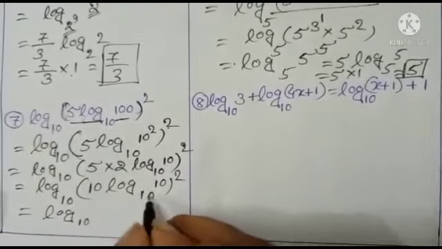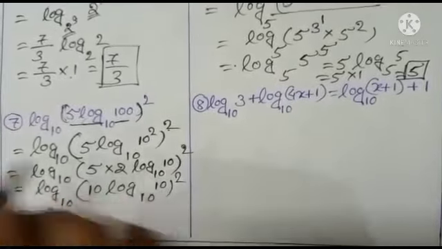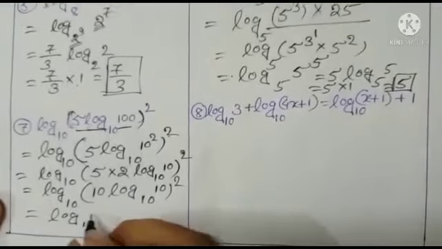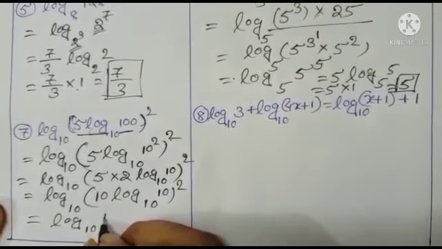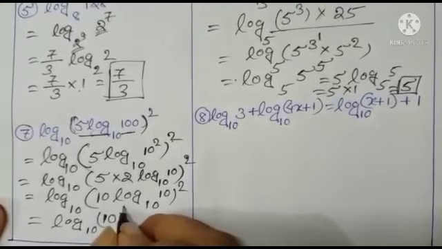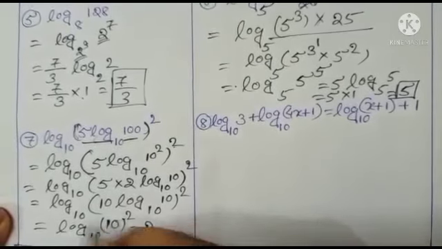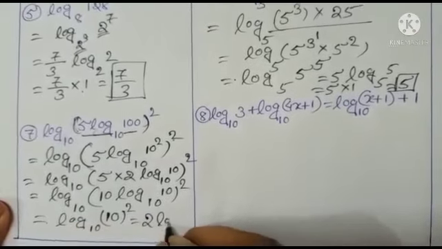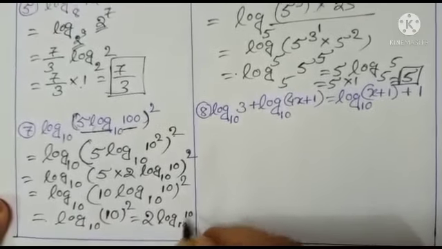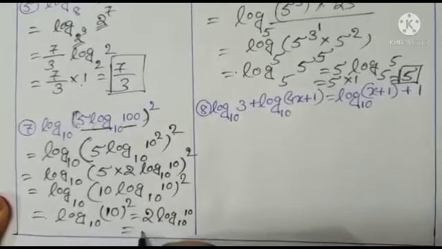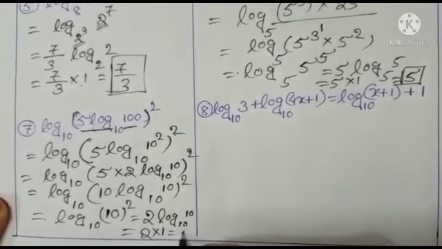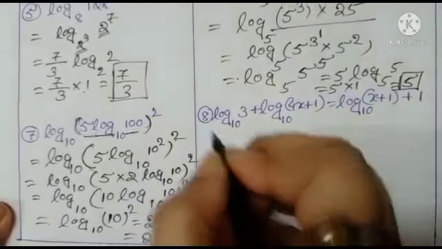Log base 10 value is 1, so we write here 10 squared. So 2 comes in front, log base 10 of 10 means 1, 2 into 1 is equal to 2.